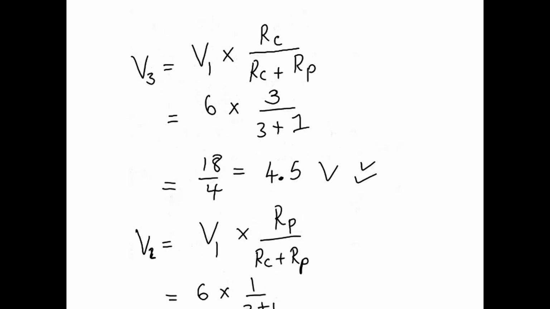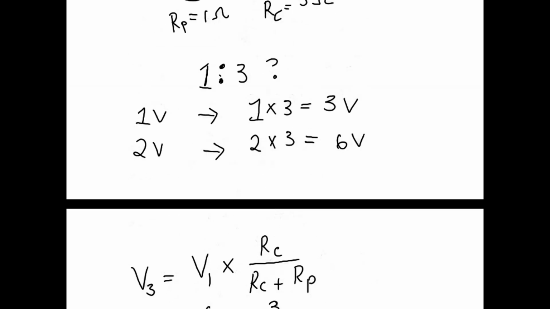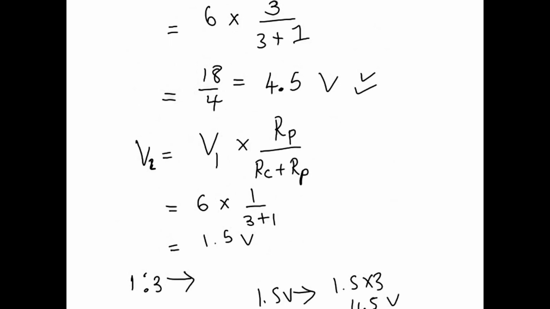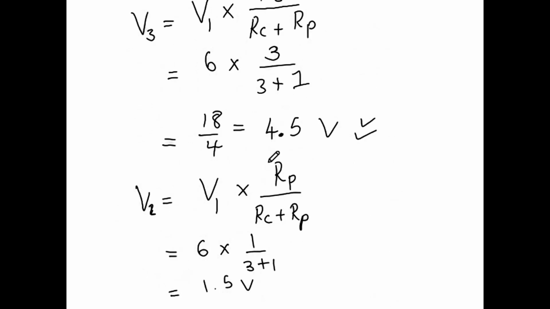Because then you start understanding this concept that circuit elements connected in series will share or divide the potential difference, depending on the magnitude of their resistance values, the ratio of their resistance values to each other. If you practice this over and over again, it will start to make more sense, right?